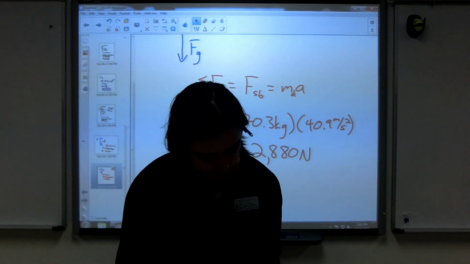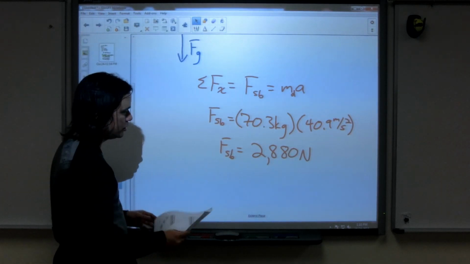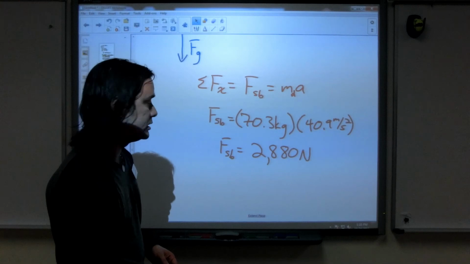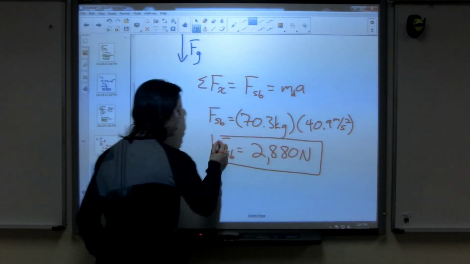The correct answer that they have listed is 2,876. So 2,880 is perfectly fine. This is the force from the chair being applied onto the driver.